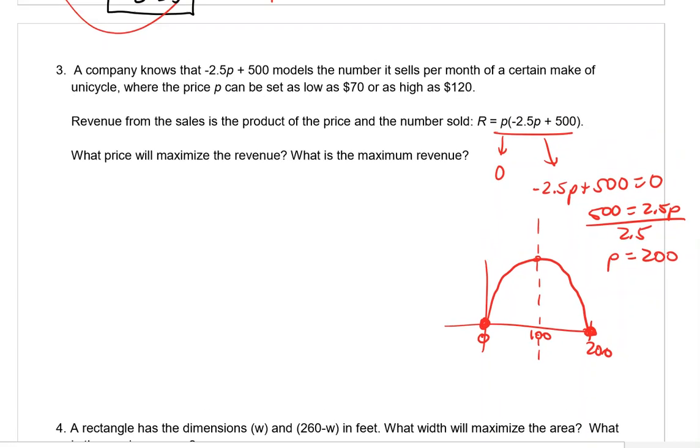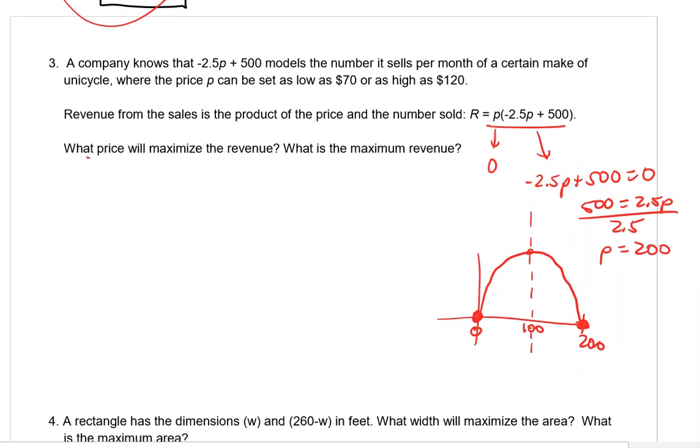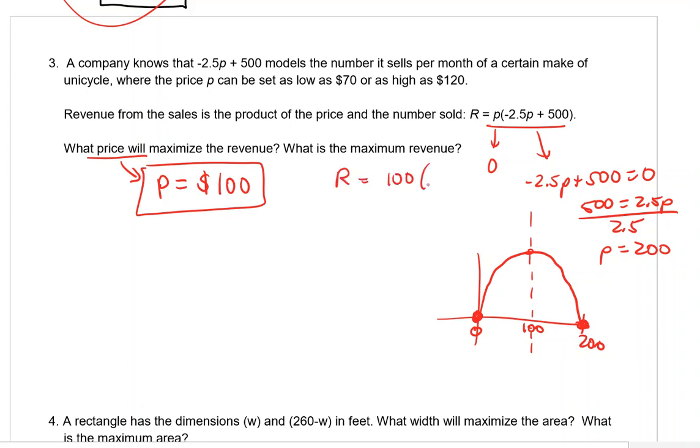Notice I didn't even use negative b over 2a. What? Is that even allowed? Yes. I can use lots of different methods to find these, which I think is a wonderful thing. The maximum revenue is, running out of space, didn't space it well. Okay.